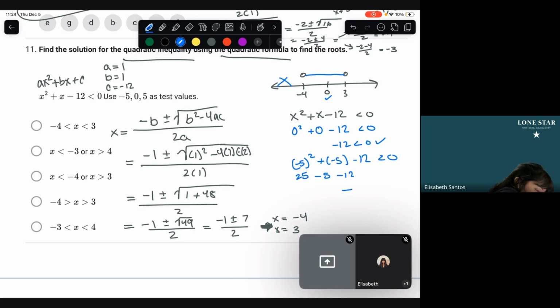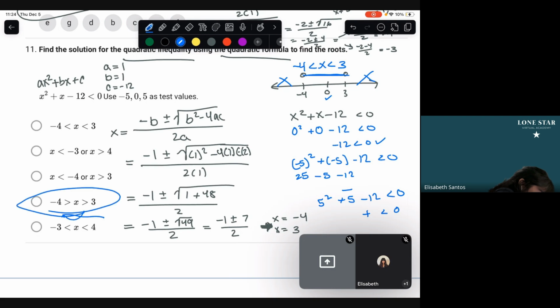And then using positive 5, that's also going to give us a positive number, which is not less than 0. So that is our answer. So x is between the values negative 4 and positive 3. So it's this one. Oh, sorry. No, that's not that one. It's this one.